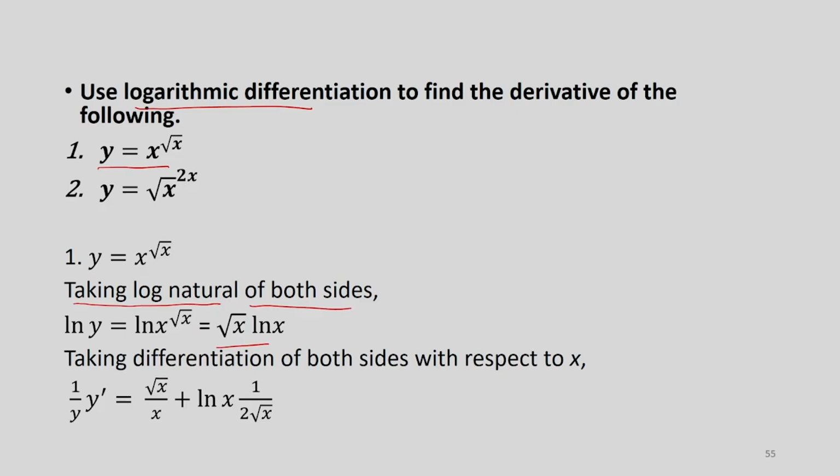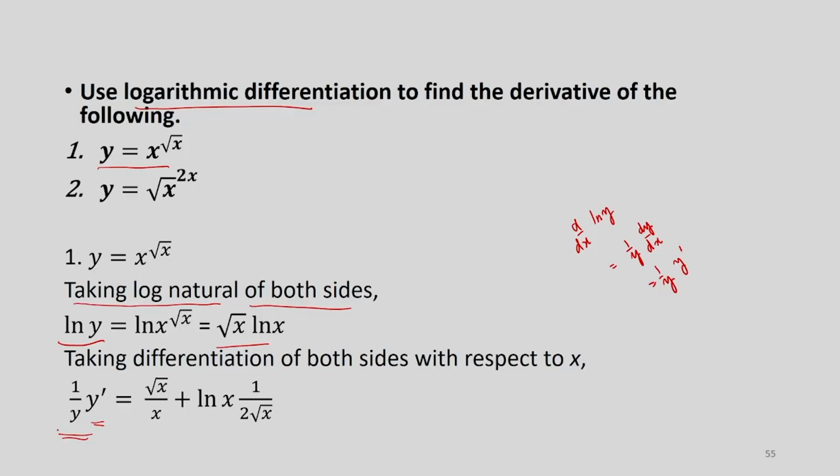Then we take the differentiation of both sides with respect to x. So if I do so, then what happens? On the left hand side, I am going to get 1 by y multiplied by y dashed. This is very standard. You have log of y and you are taking the differentiation of that with respect to x. So it becomes 1 by y dy dx, and that is 1 by y dashed.